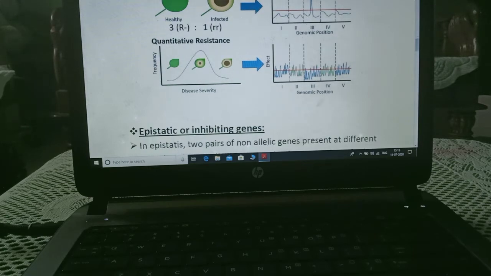When we are talking about the quantitative, here you can see disease severity is more. It is known as the quantity and this is known as quality, and here the genomic position will be in this manner. You can understand the difference between both of them.